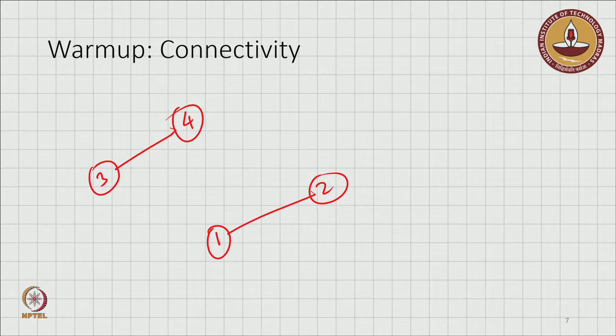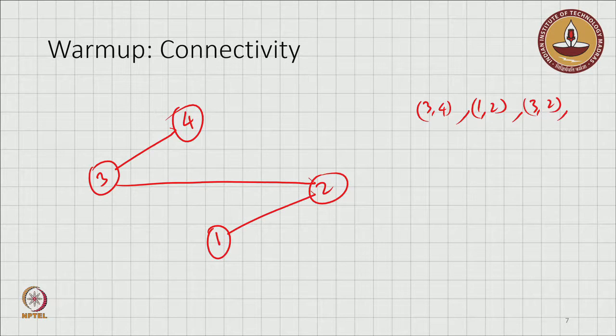Let's say the next edge is 3, 2. So we build our graph, and then the fourth edge that we get is 1, 4.